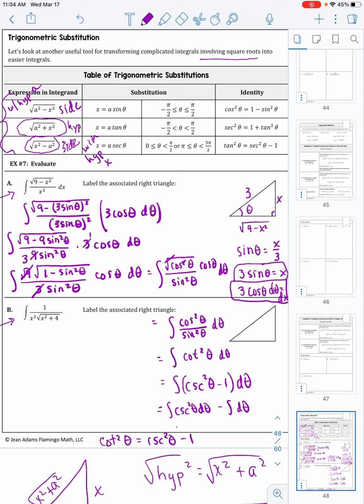And this one is going to be negative cotangent theta, and then this would just be minus theta plus c. Now, I want my answer in terms of x.